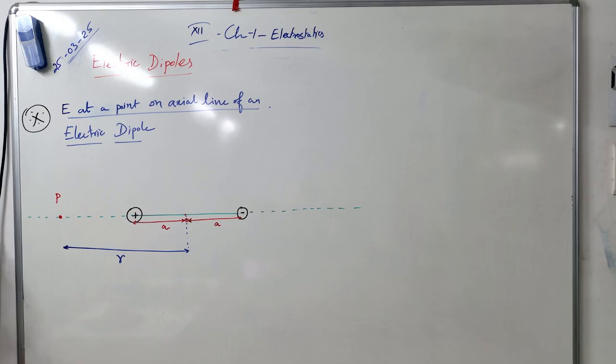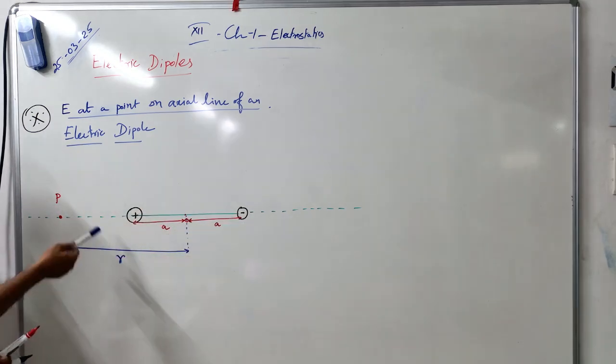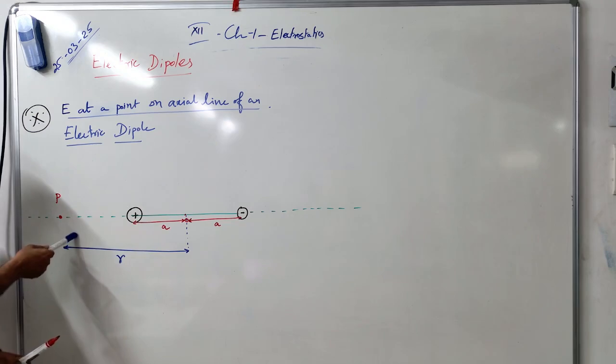Noted? Children, you observe this. According to this picture, the point which I have chosen is lying closer to the positive charge and far away from the negative charge. I could have chosen any point on this line, but my choice of preference is here. You can choose it anywhere, but accordingly your equation should be altered.